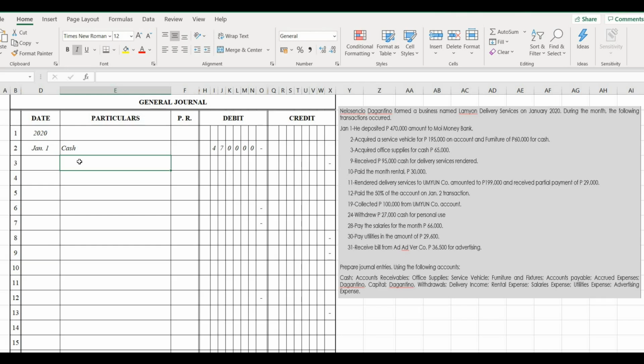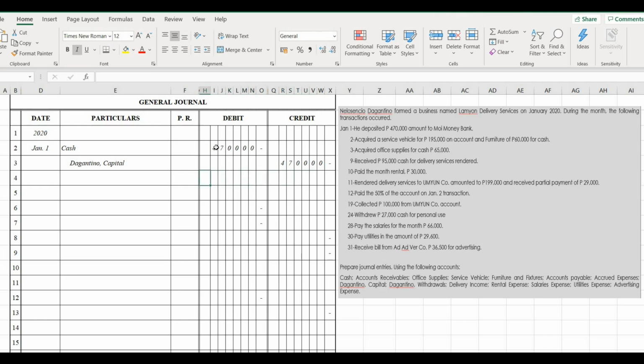So, you have here Dagantino capital. So, the amount, the same lang din. So, again, observe the proper placement of the accounts or the amounts, the place value of the amounts.